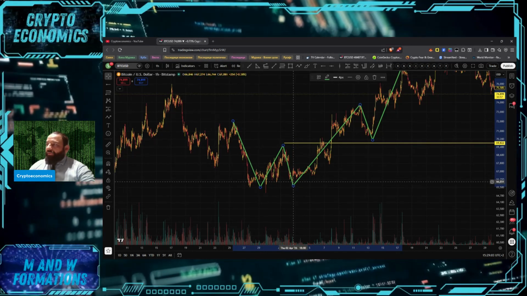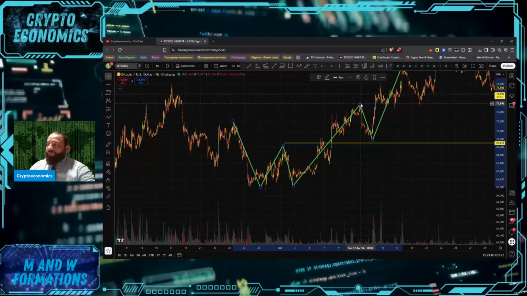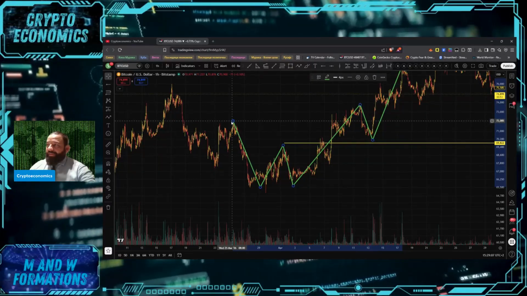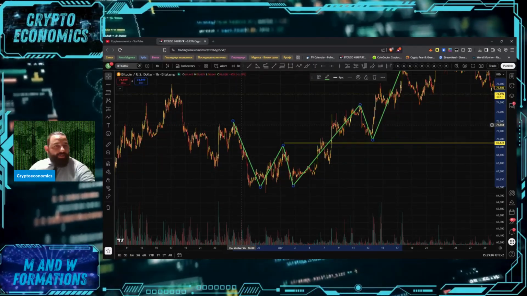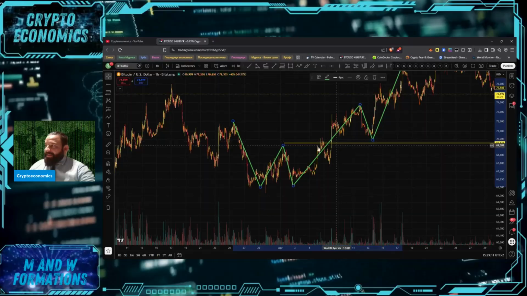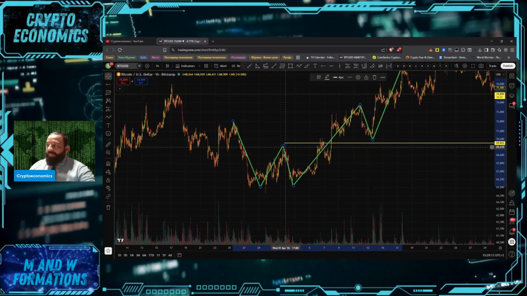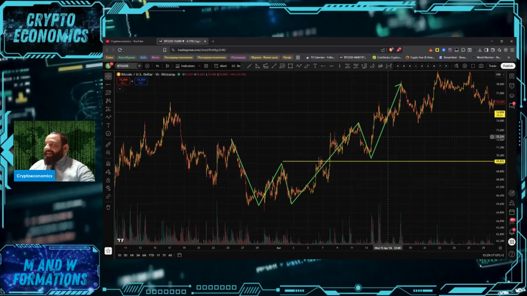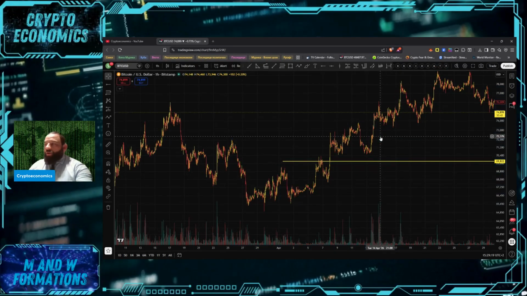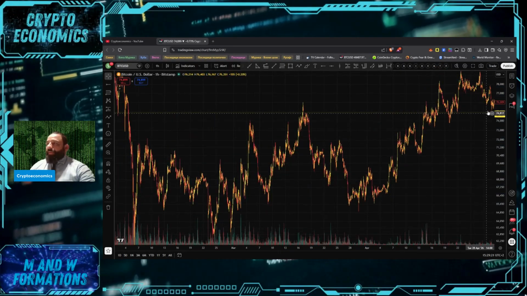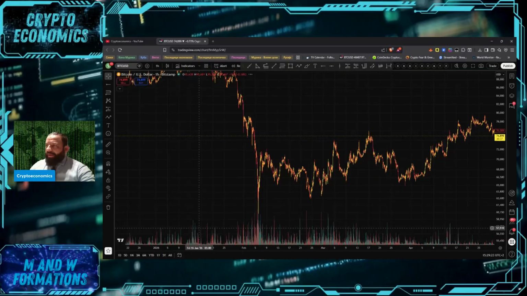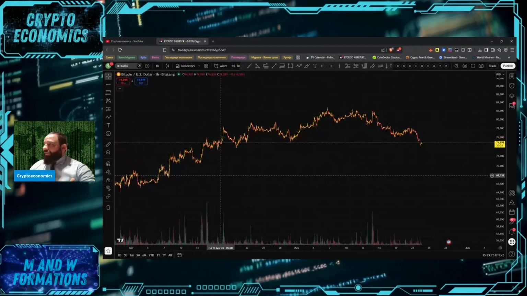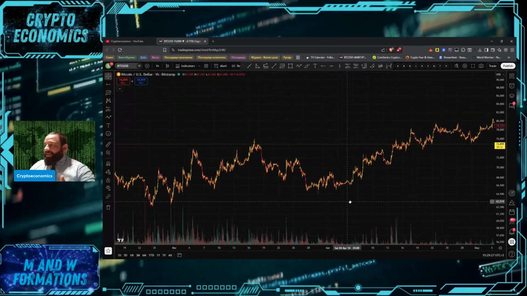Forming of the W formation, breaking out of the W formation, since this is the previous start of the W formation, a retest almost down to the middle point of the W formation, and continuing upwards. Exactly the school version of the W formation. We can find them everywhere. Now, let me find some for you, so you can actually see how it works.